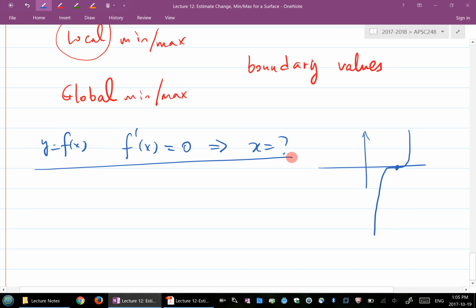So this is your function of a single variable. You do a first derivative test to get the possible extreme locations. And then what do you do next? You do a second derivative test, right? The sign of the second derivative at that location will determine whether it's a min or a max.